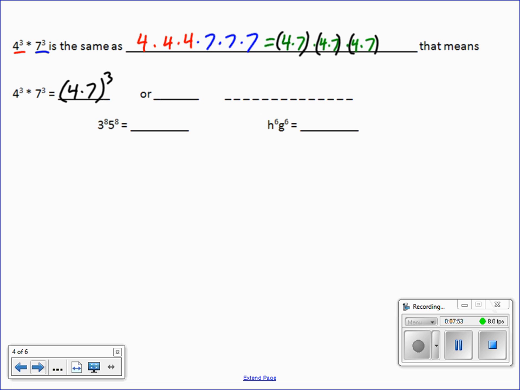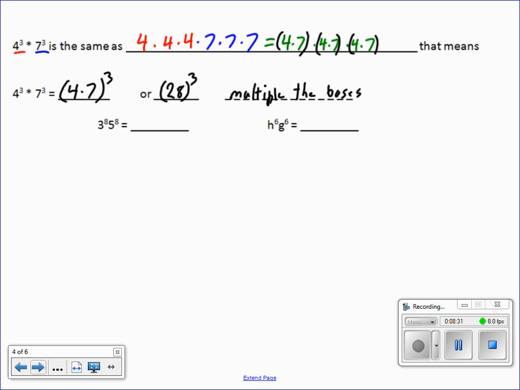But now I can do that multiplication without doing 4 times 4 times 4 and 7 times 7 times 7 first. 4 times 7 is 28 cubed, right? It would be 28 cubed. So when my exponents are the same but my bases are different, I can multiply the bases.